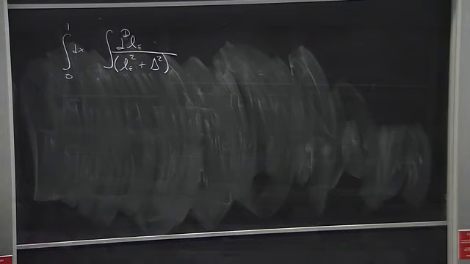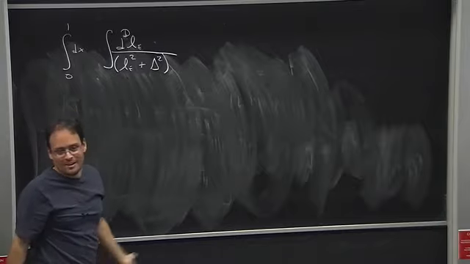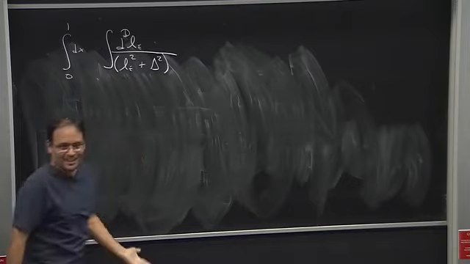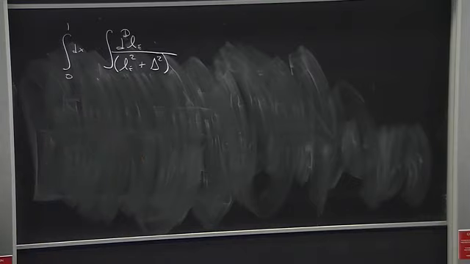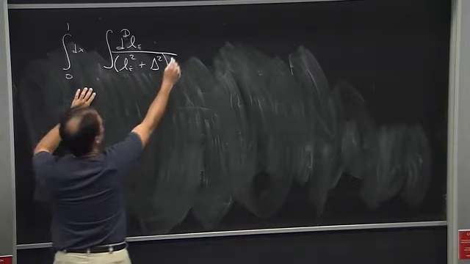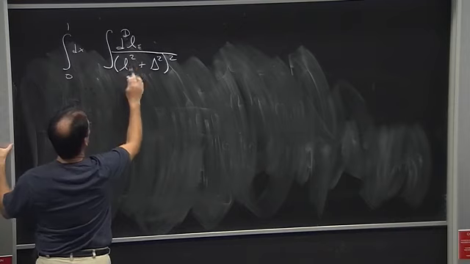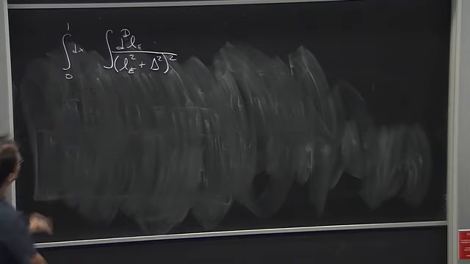Now this is an integral that literally anybody in high school can do. I mean, some people learn how to integrate in high school. So this is something that can be done.